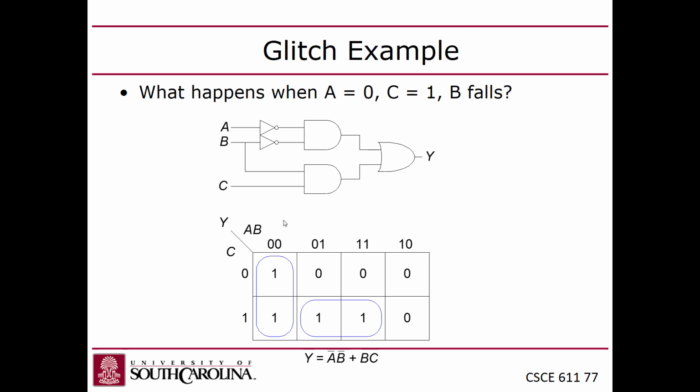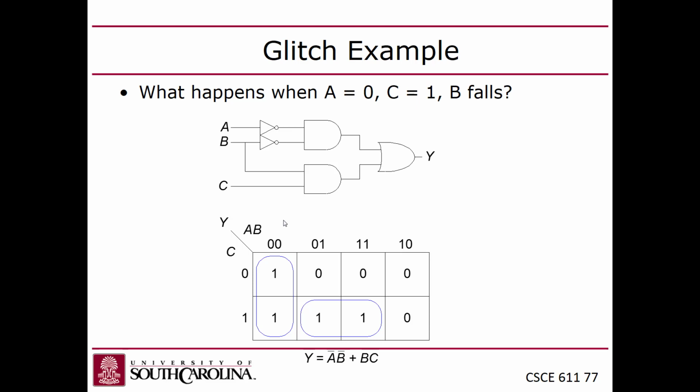So the OR gate is going to be looking at originally 0 and 1. Then for a moment, it's going to see 0 and 0. And then eventually, it's going to see 1, 0. Make sense? The OR gate sees 0, 1 initially. Then it's going to see 0, 0.